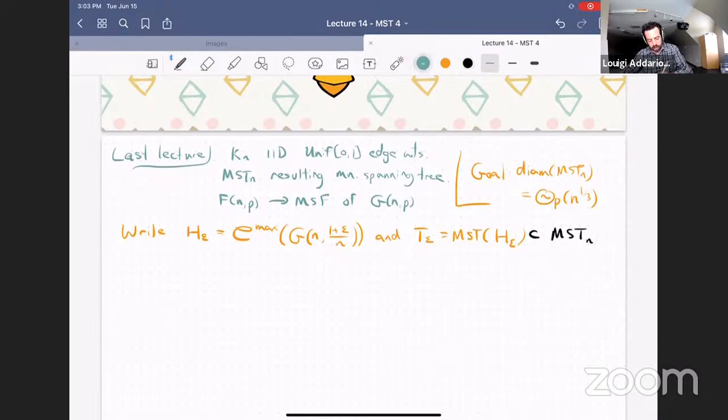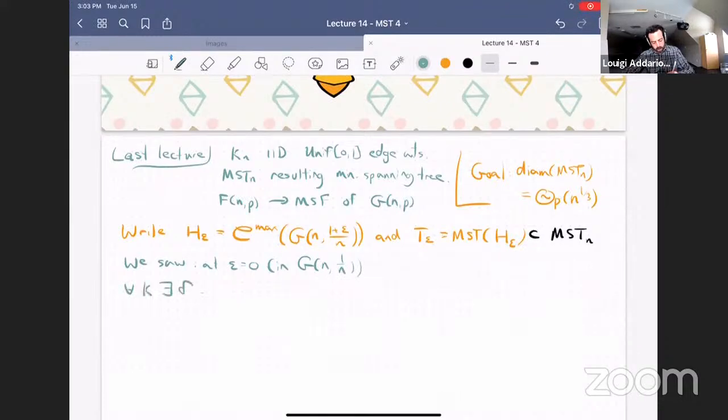So this is going to be a subtree of the eventual minimum spanning tree. Then we saw that if epsilon is 0, that's in just the perfectly critical random graph G(n, 1 over n), we saw a lower bound on the diameter.